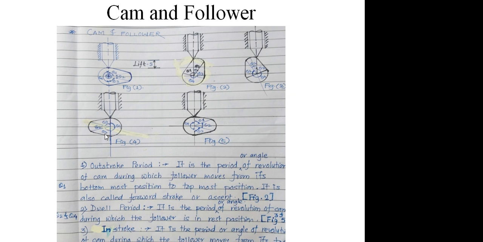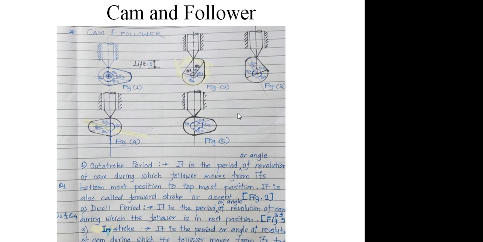In figure 4, you can see that the cam again rotated through an angle theta 3. For this much circumference of cam, the distance of each point on this circumference goes on reducing from the axis of cam. So when the cam rotates through an angle theta 3, the follower will move from its topmost position to bottommost position.